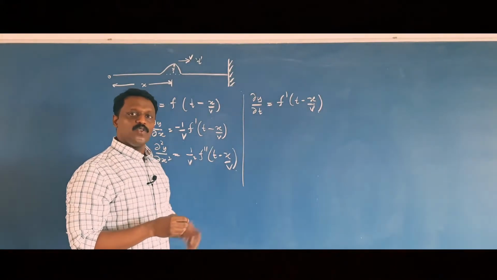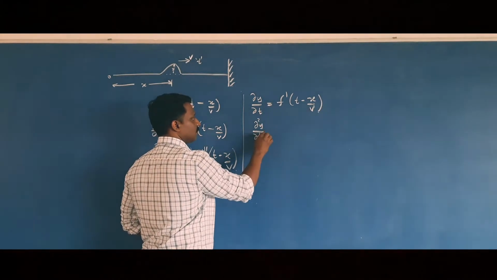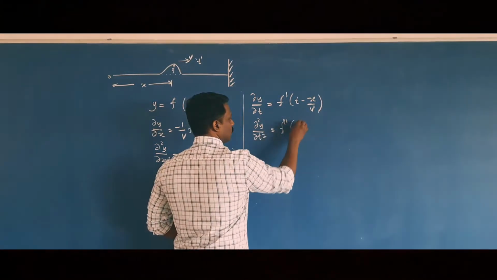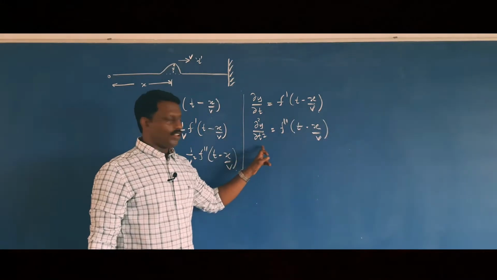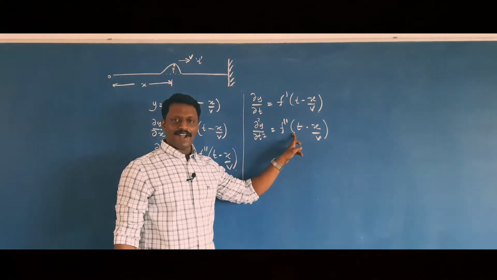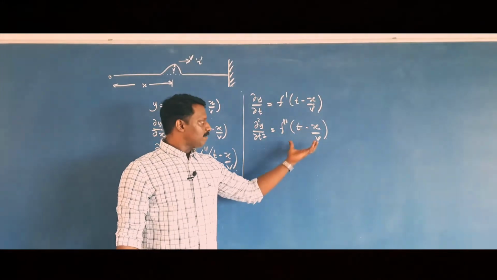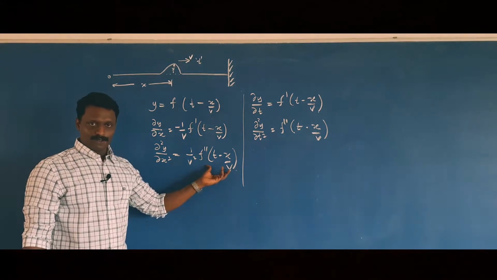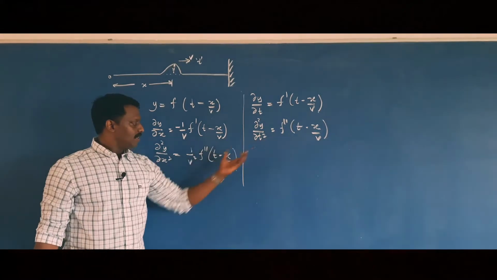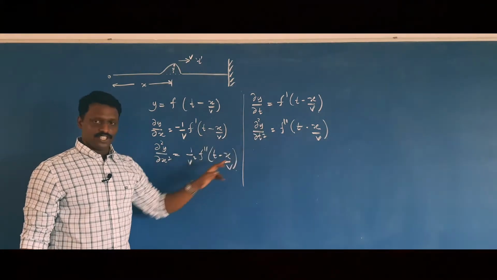Differentiating once again with respect to t, dou square y by dou t square is equal to f double dash t minus x by v. Now we have the same f double dash t minus x by v term here also. So we will replace this term with dou square y by dou t square.